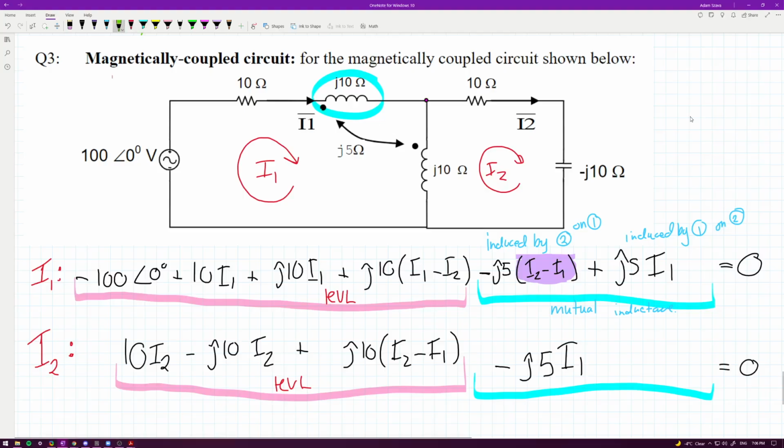Let's check the polarity first. The current of this inductor is going into the dot, so the dot is the positive side, right? That means, relative to our KVL, which is going that way, it's going to be a negative. It's going to be negative J5 times the current that's causing the voltage, which is I1. I1 is causing the voltage. J5 I1, and you make it negative. Does that make sense?